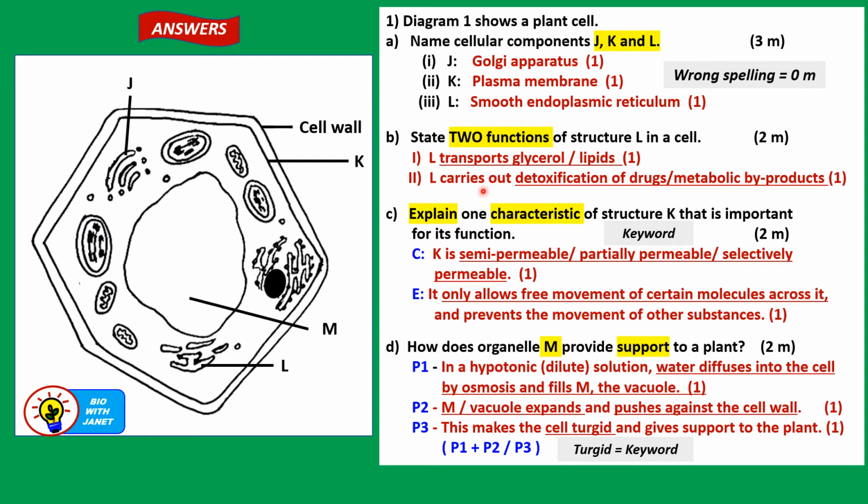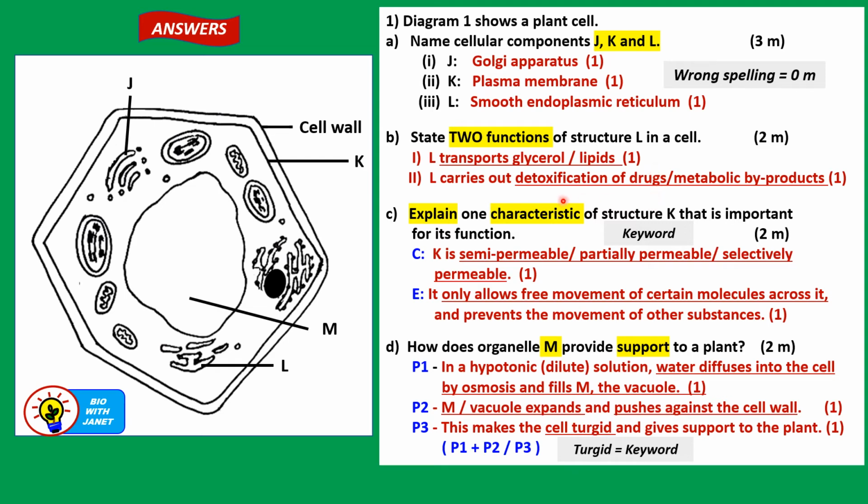The second function is L carries out detoxification of drugs or metabolic byproducts. When I underline all these terms, it means that these are the keywords that the examiner will look for to give you the answer.